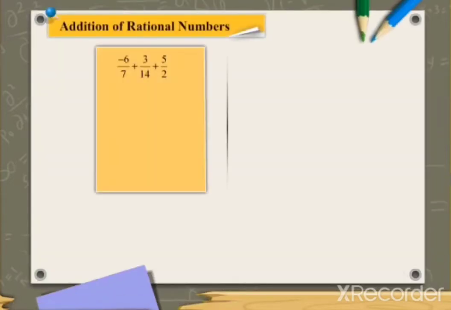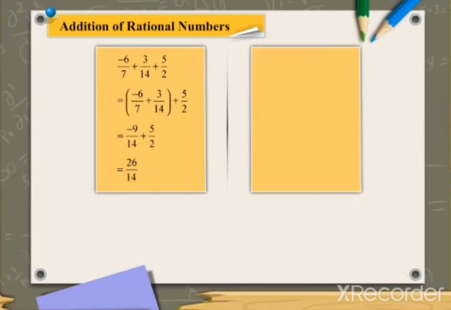Let's add the given three rational numbers. Adding minus 6 upon 7 and 3 upon 14, we get minus 9 upon 14. Now, minus 9 upon 14 plus 5 upon 2 is equal to 26 upon 14, which is a rational number. Now, add 3 upon 14 and 5 upon 2.